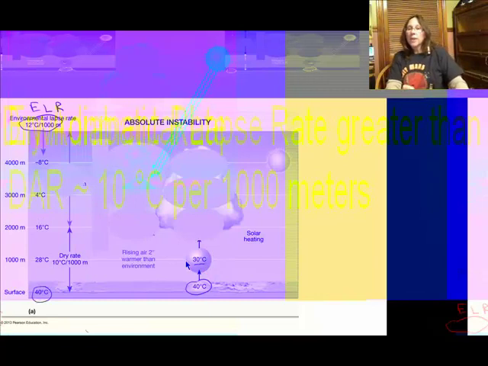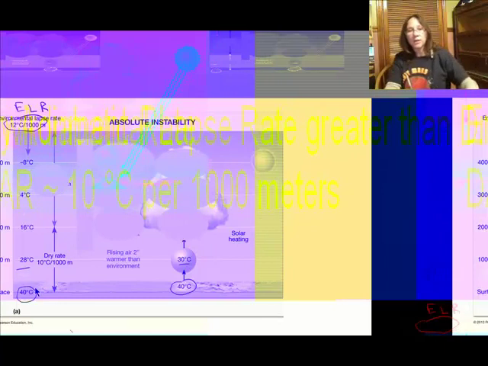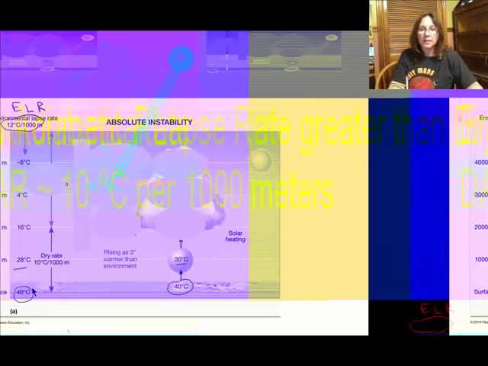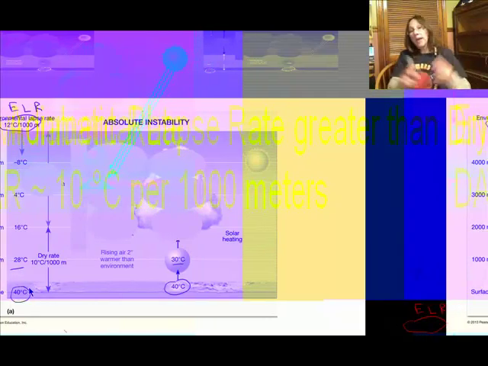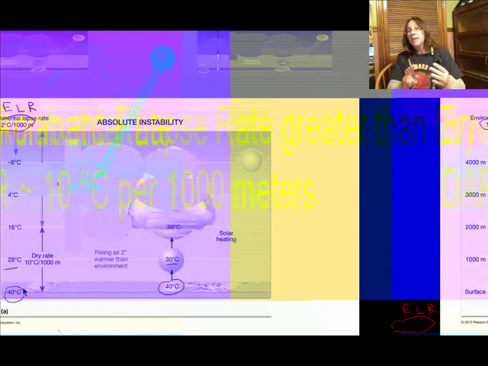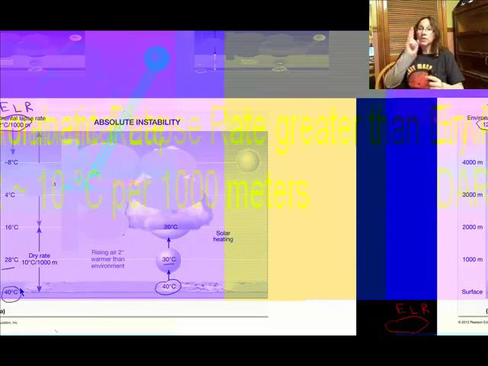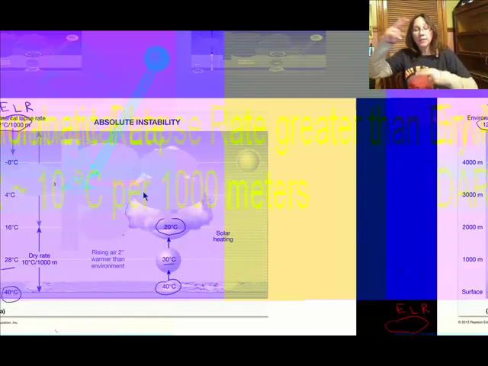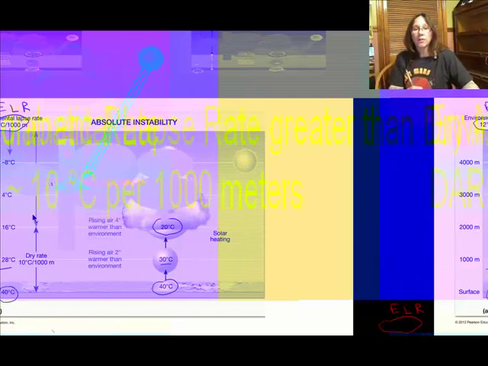Okay. So, but now let's go ahead and pass the lifting condensation level. Can you kind of see some clouds forming there at 2,000 meters? This is the LCL. And if we have condensation, then the cooling as it's forced to rise will now cool at 6 degrees Celsius for every 1,000 meters that chunk of air rises.